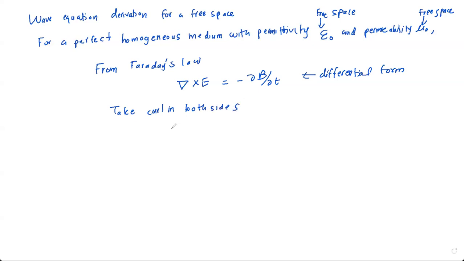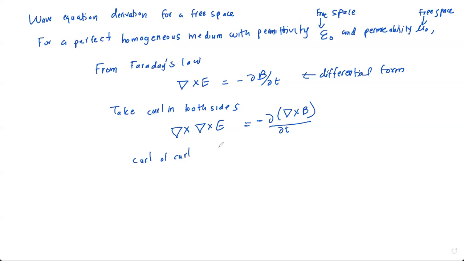Once we take the curl on both sides, we are left with something like this. We can take the curl function into the differentiation and write it like this. Then we can write it as curl of curl.